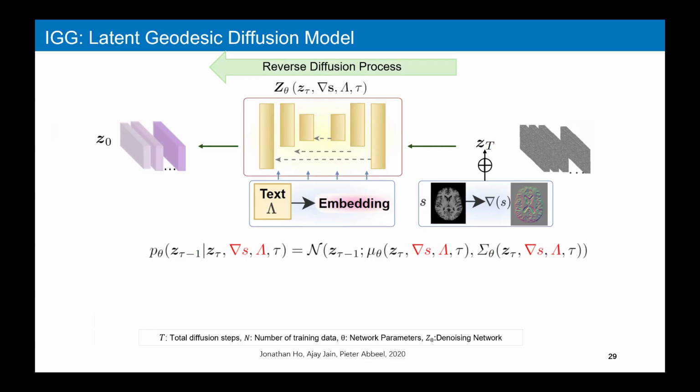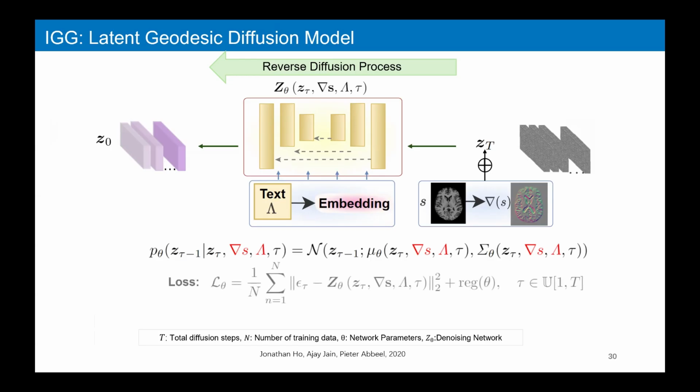But the difference is that the conditional probability is not only conditioned on the previous step, it's also conditioned on the gradient of the input image and the text. The reason why we use the gradient of the input image as the condition is that, according to the LDDMM plus the geodesic shooting, the optimal solution of that is defined on the gradient of the image.